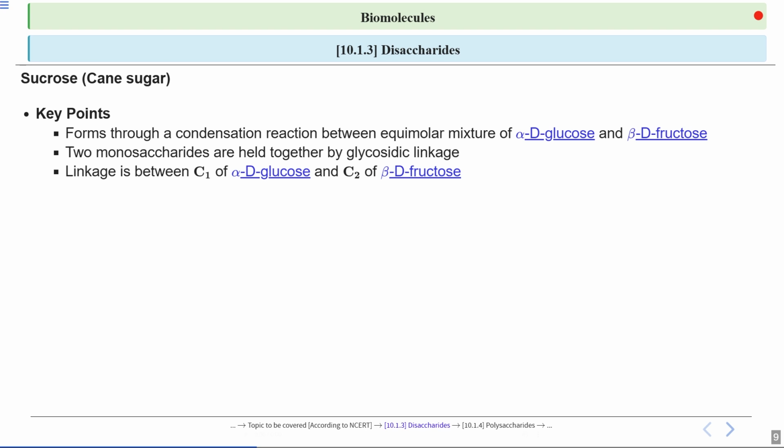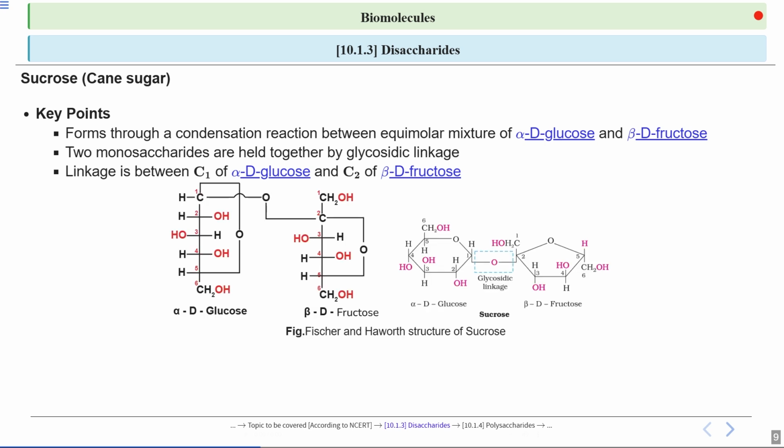So the numbering of the carbon atoms is very important over here, which is C1 of alpha D glucose and C2 of beta D fructose. So this is alpha D glucose and this is beta D fructose. If you see, this is the Fischer projection and this is the Haworth projection.